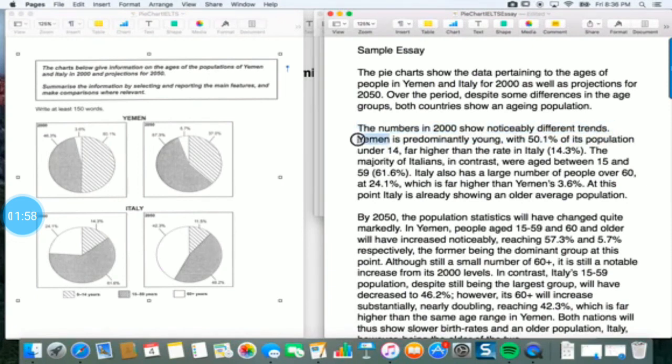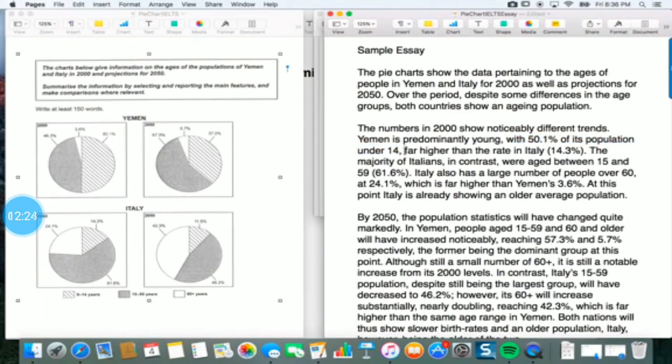The overall trend, Yemen is predominantly young. Okay, then support it with data. With 50.1% of its population under 14. So again, trend, data, trend, data, trend, data. And then follow it up here with a comparison.